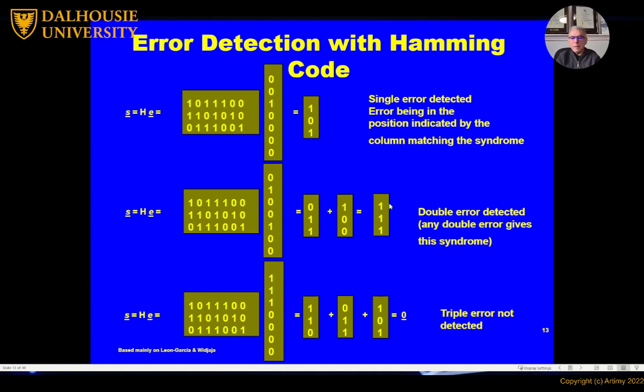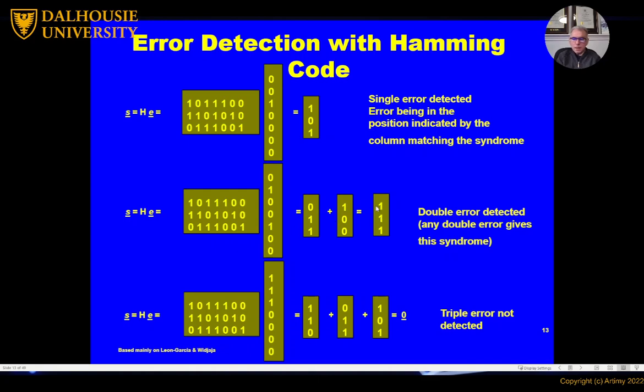If I multiply, I will end up with 1, 1, 1. These are actually the positions of the first error and the second error. You see here the 111 is the result of adding these two columns, the first is the second column in the bit pattern, and the second is the fifth column in the matrix, right?